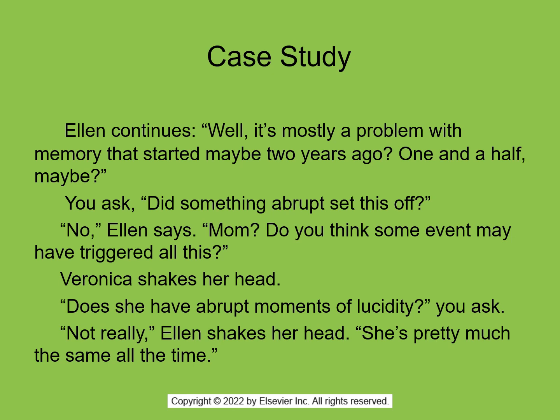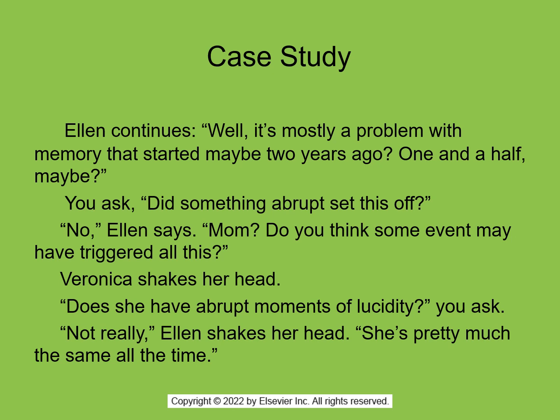Ellen continues. She says, "Well, it's mostly a problem with memory that started maybe two years ago, one and a half, maybe." The daughter doesn't know exactly when it occurred. So you ask, did something abrupt set this off? "No," Ellen says. "Mom, do you think some events may have triggered all of this?"